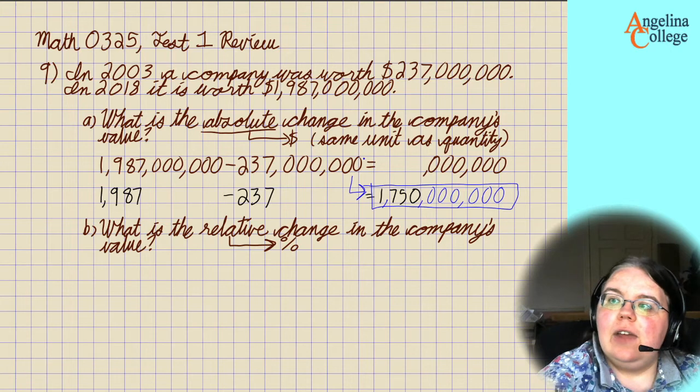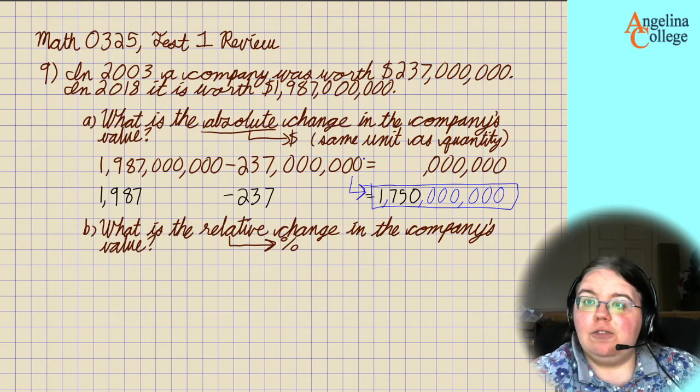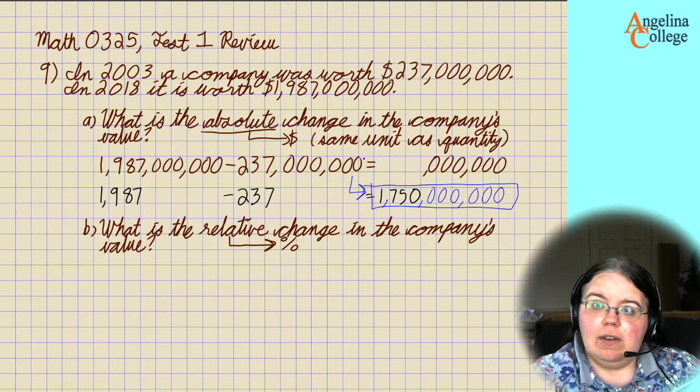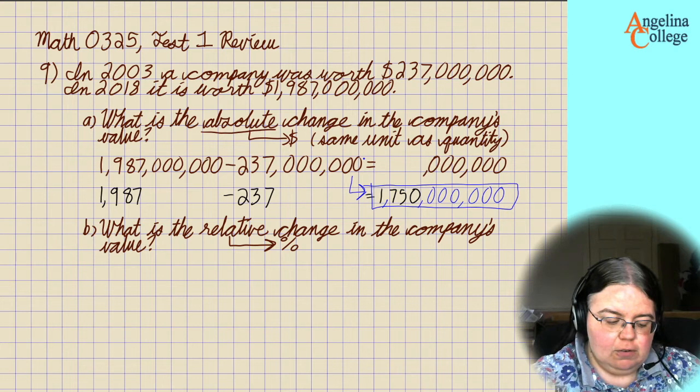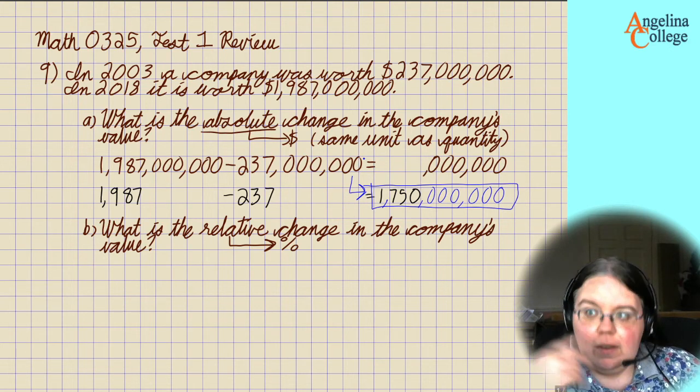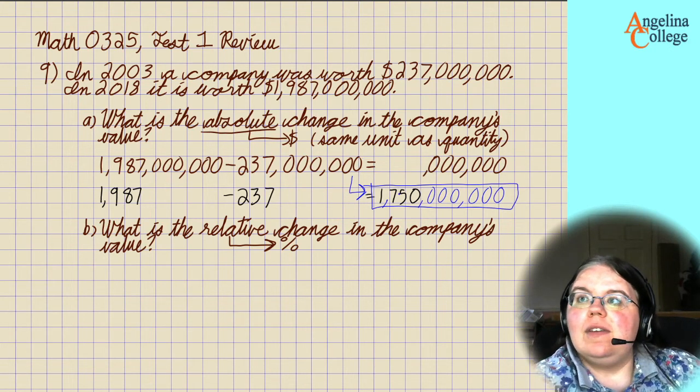Now, on the other hand, if I didn't use that shortcut in entering it, I could punch in 1,987,000,000 minus 237,000,000 and get 1,750,000,000, just like what we have here.